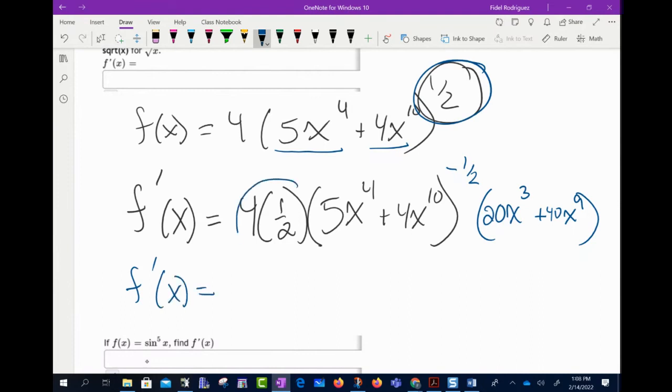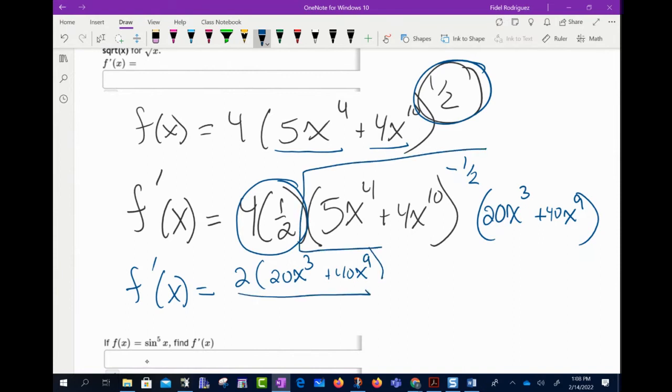Okay, guys, right here, let me ask you a question. What's 4 times 1/2? 2. Okay, do you agree with me that that 2 is going to get multiplied by the 20x to the 3rd plus 40x to the 9th? And can we kick this guy down here to the bottom and write it like this? Would that work?